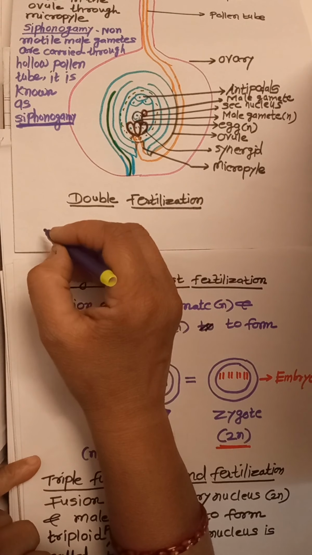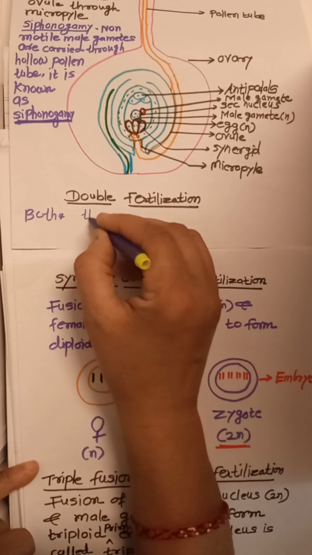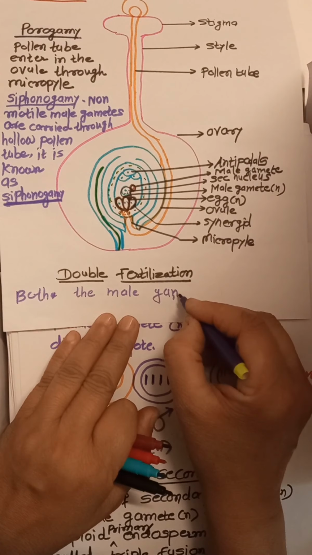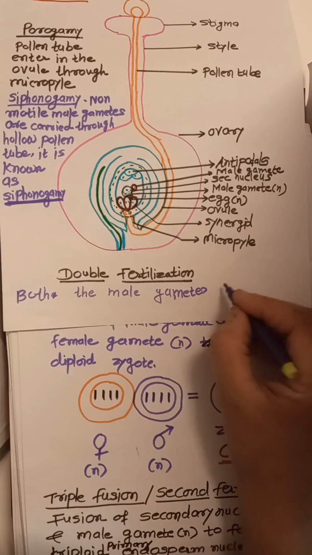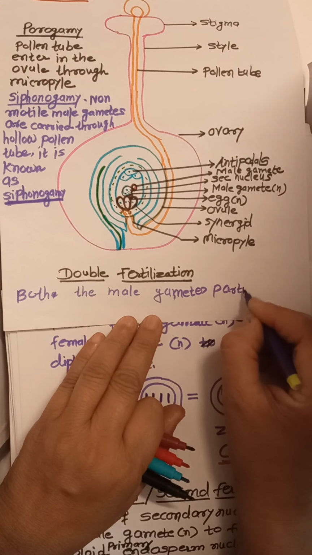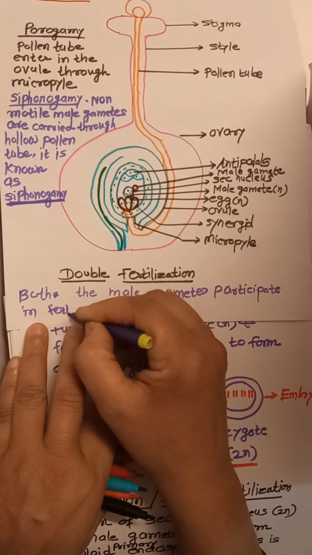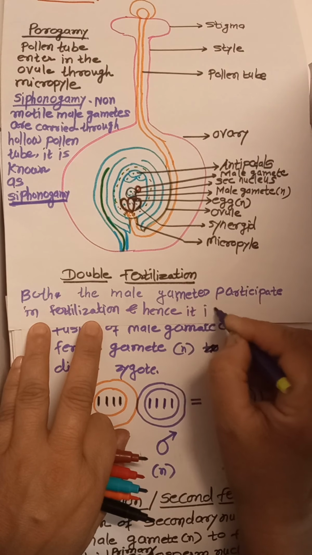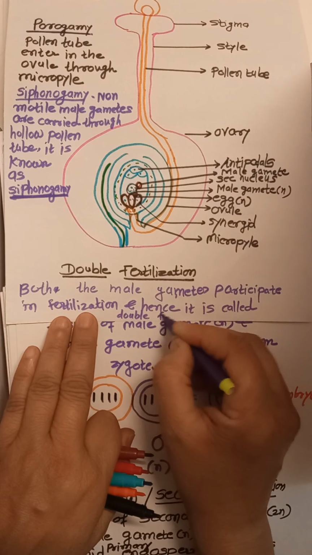So it is called double fertilization because in this fertilization both the male gametes participate. इसलिए इसे क्या बोला जाता है? डबल fertilization.